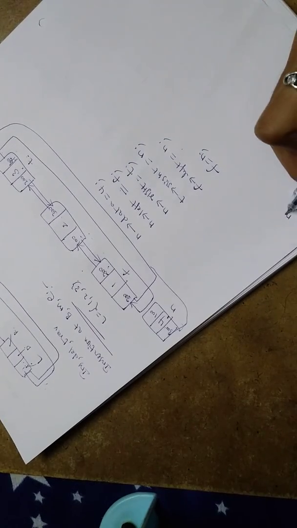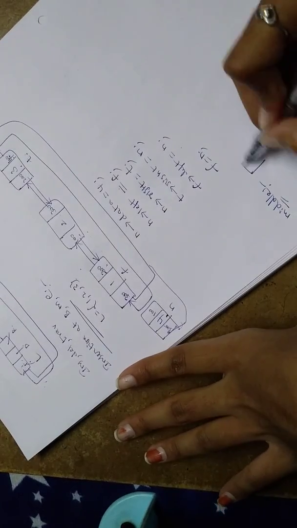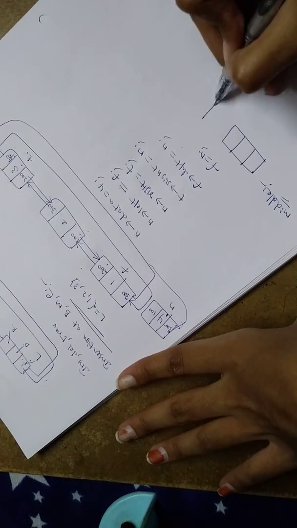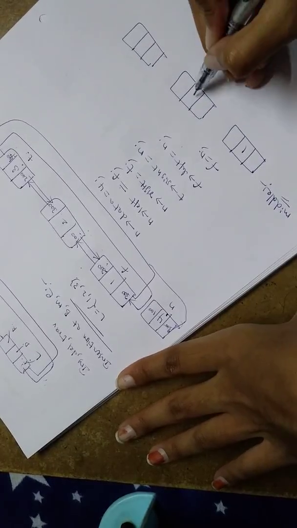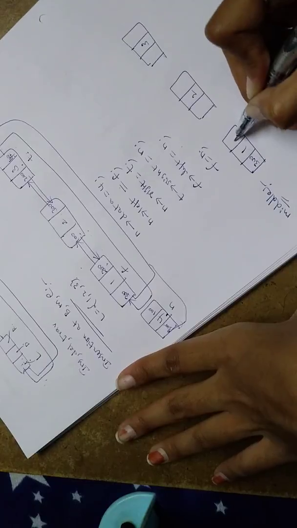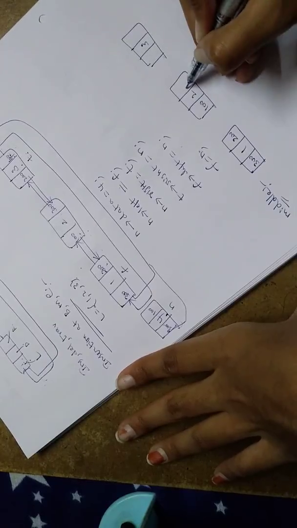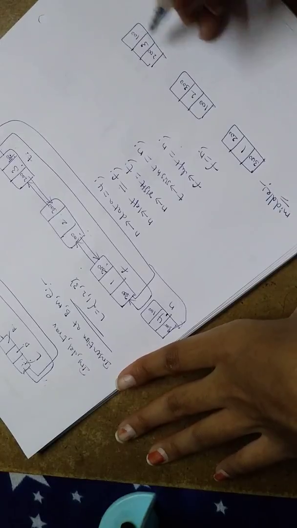And now insertion at the middle. How do we do it in the middle? 1, 2, 3. This is 300, this is 200, this is 100.